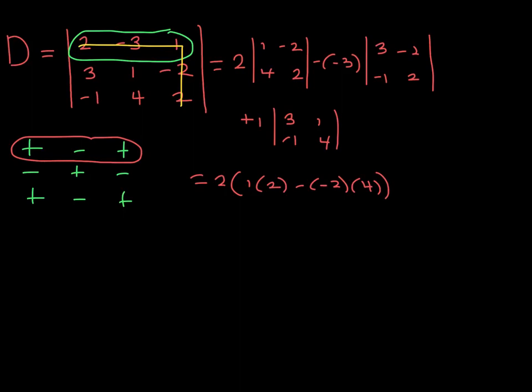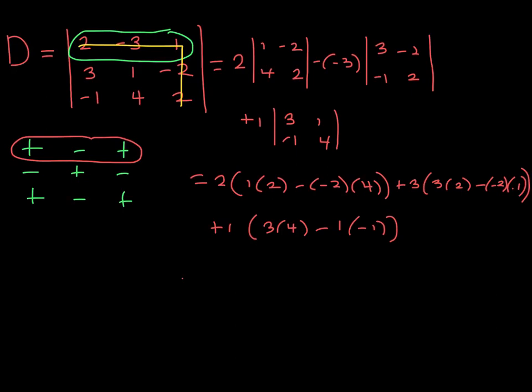Next, it will be plus 3 times 3 times 2 minus negative 2 times negative 1. Be careful with all the signs, okay? Plus 1 times 3 times 4 minus 1 times negative 1.